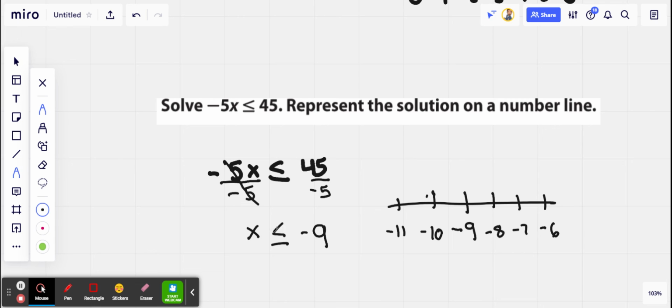So less than or equal to negative 9. Let's get our red marker out. We're going to circle negative 9. It's equal to, so that means it's going to be a closed circle. And that means our arrow is going to move to the left because it's less than, right? So that would be the solution on a number line.